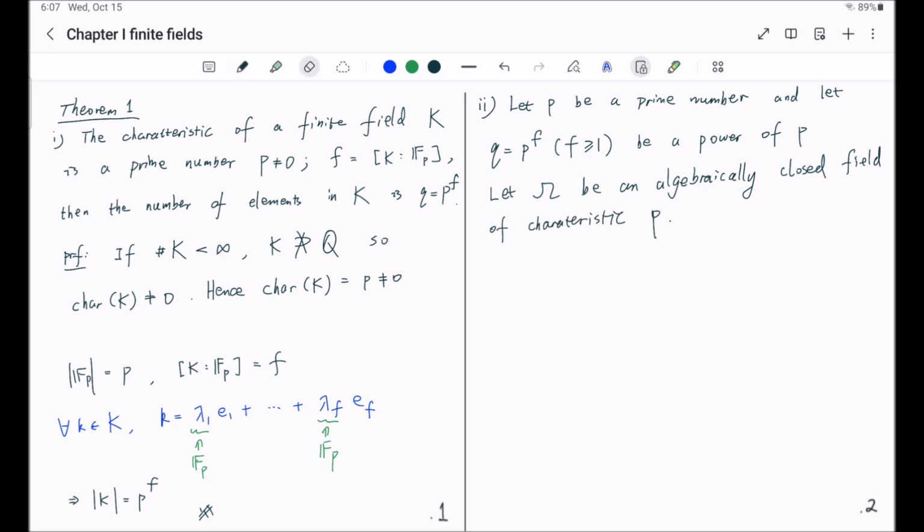Then there exists a unique subfield Fq of omega, which has q elements. And this subfield is the set of the roots of the polynomial x to the q minus x.